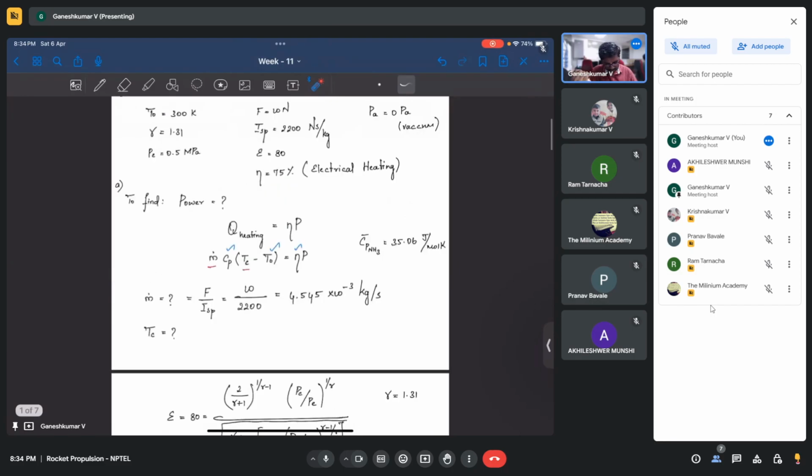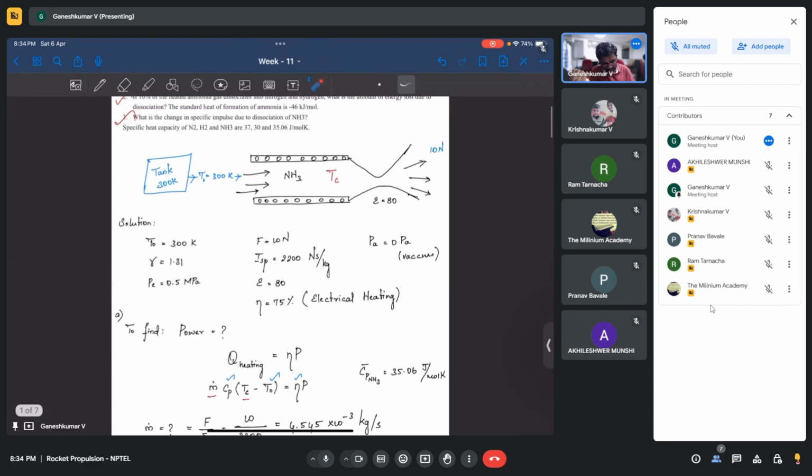How to find TC: we came to know that the nozzle has an expansion ratio of 80, and also we have ISP. This ISP and the expansion ratio are going to determine it, and also the chamber pressure is given as 0.5 megapascal.